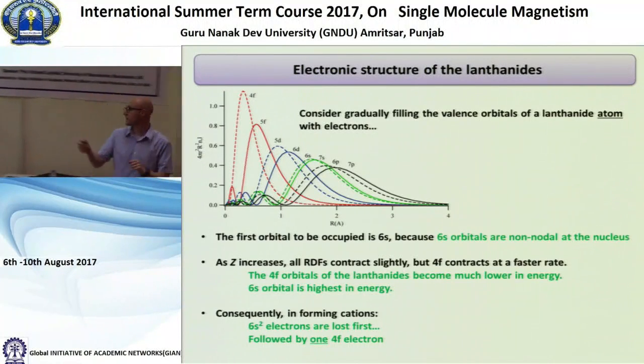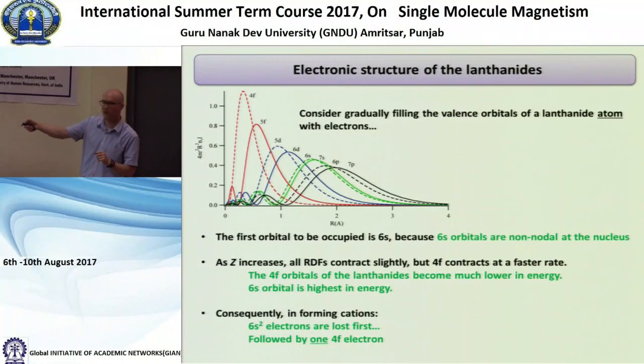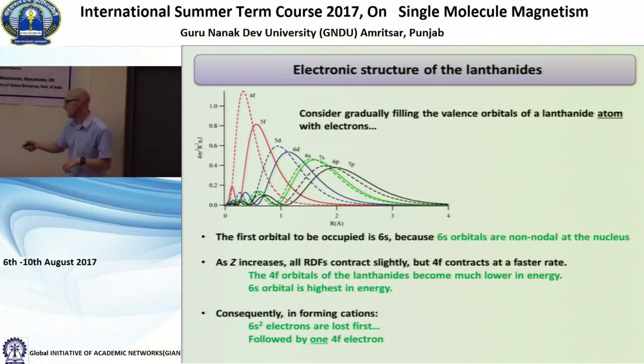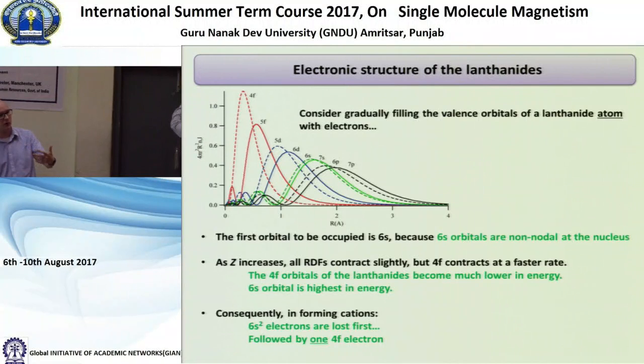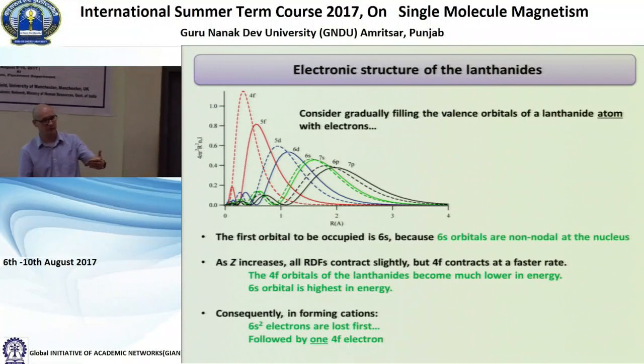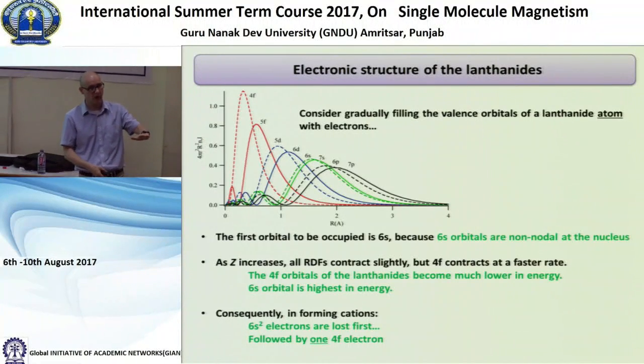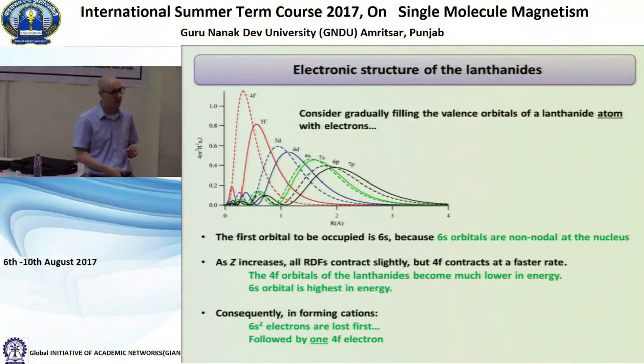You lose them first because they're occupying orbitals that are relatively extended. But in principle, you can just keep losing electrons, until you reach such a stage where the energy required to remove further electrons is simply too much to be offset by the formation of chemical bonds.